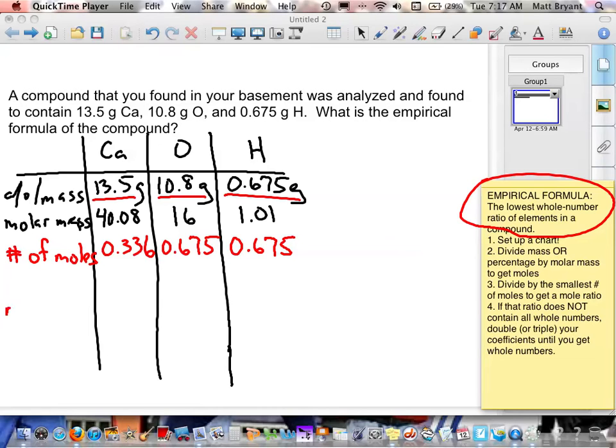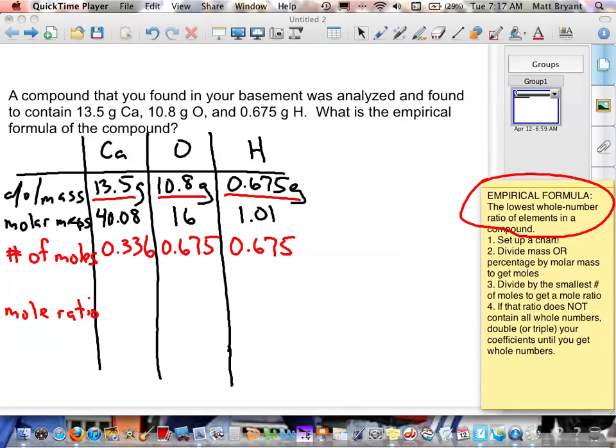Now, the next step requires us to get a mole ratio. I'm going to write that down here. And what we need to do to get that mole ratio is a little interesting, because in order to get a mole ratio, we want one of those numbers to be exactly 1, and we want all of the other numbers to be something greater than 1. 1, 2, 3, whatever.